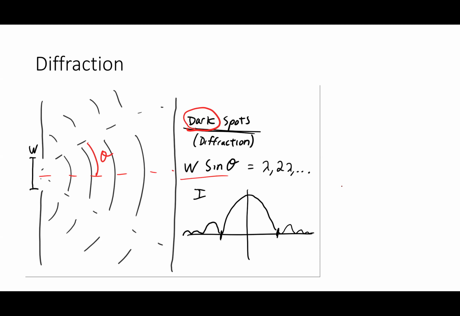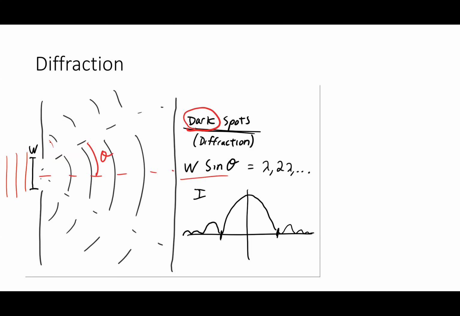So diffraction is this idea that a wave will deform and bend around corners if it's put through a finite sized hole. If the width of the slit is on the same order as the wavelength, then I'm going to have bent wavefronts where the wave is going to spread out around corners.